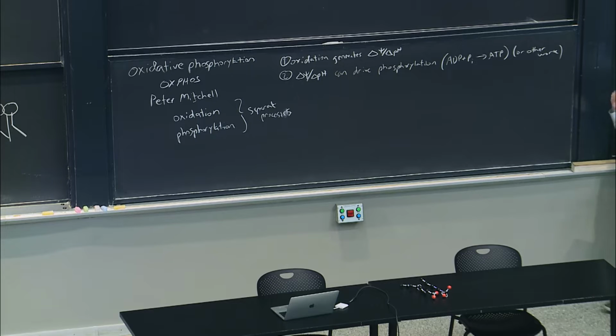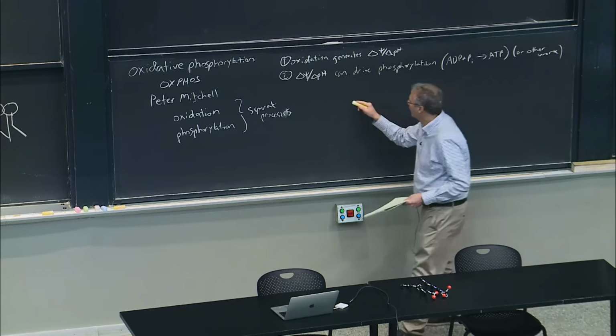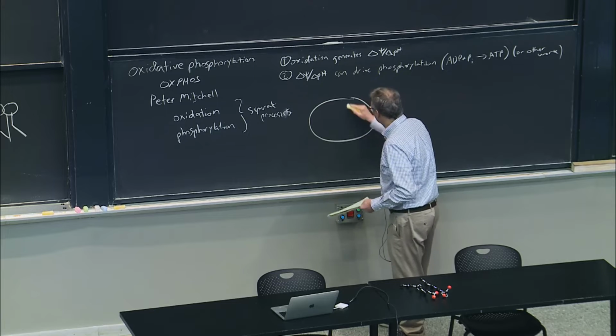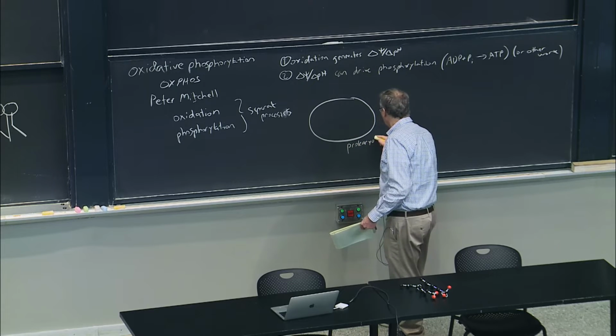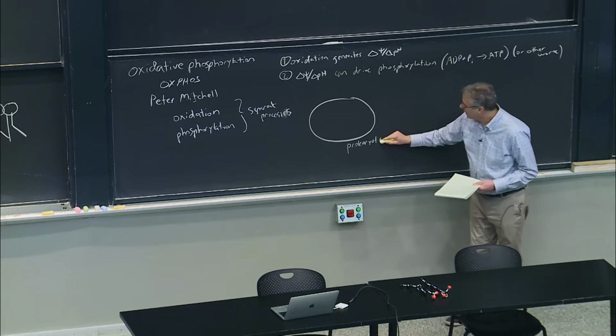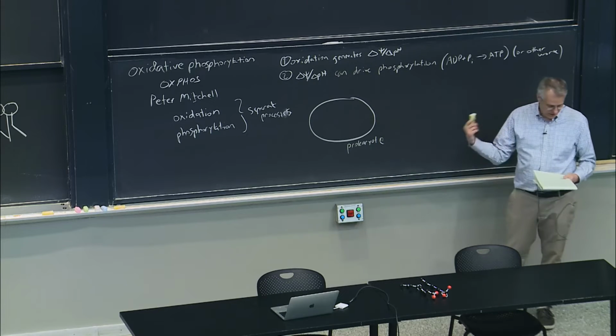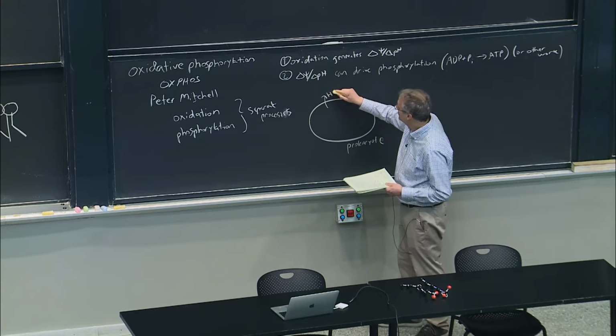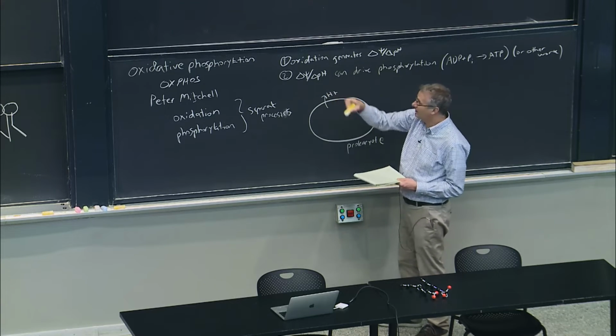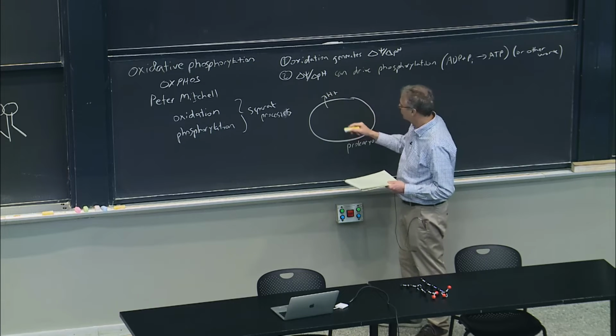And so, turns out, as I said before, in a prokaryotic cell, so if this here is some kind of prokaryote, okay? Prokaryotes have a membrane that separates them from the outside world. This cell membrane effectively couples that oxidation step to the pumping of protons.